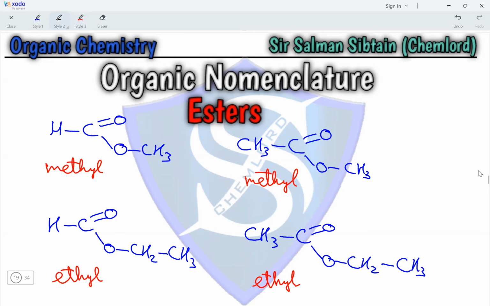Now, to name the part from the carboxylic acid, in the first example, there is one carbon atom, so methanoate. On the example on the right at the top, it would be two carbon atoms, so ethanoate. On the third example at the bottom left, actually, one carbon atom, so it's not ethanoate, it's methanoate.